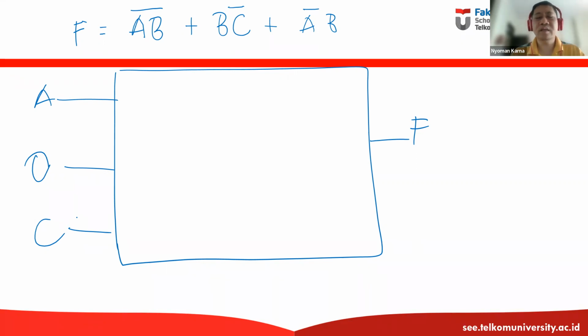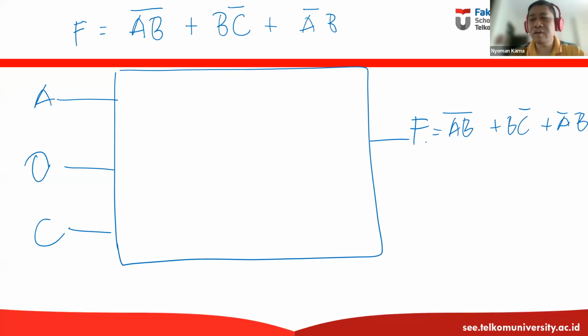The function is A B naught plus B C naught plus A naught B. Just like the previous example, we need to identify the last function that is going to create the value of F, or in other words, what should we do to get the value of F?